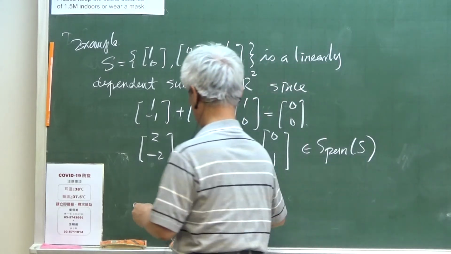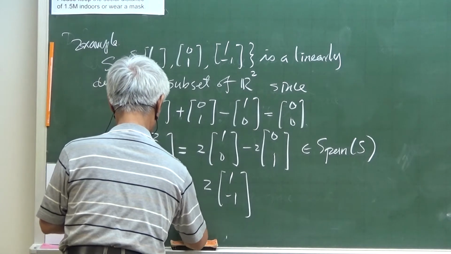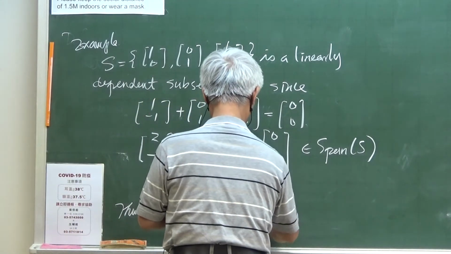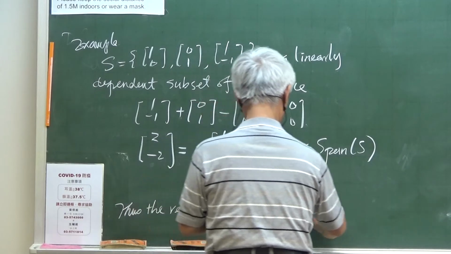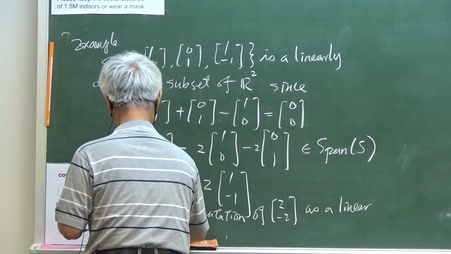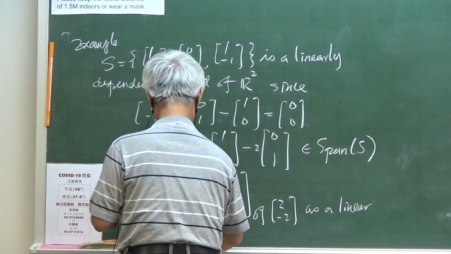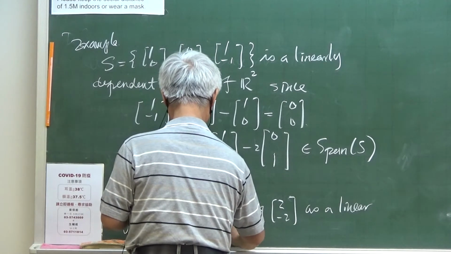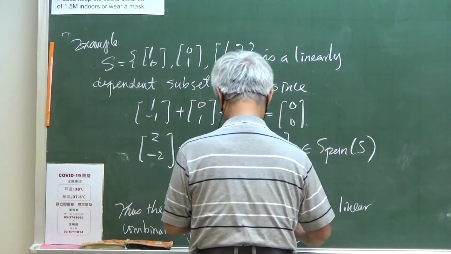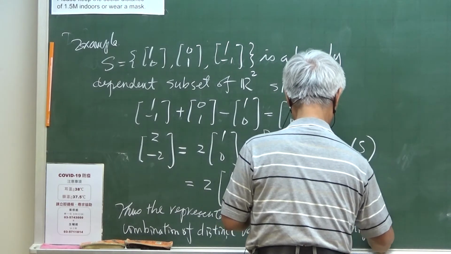The representation of a vector as a linear combination of distinct vectors in S is unique.